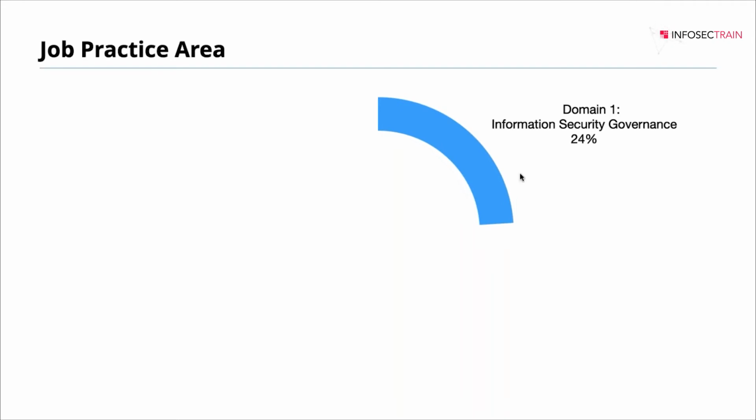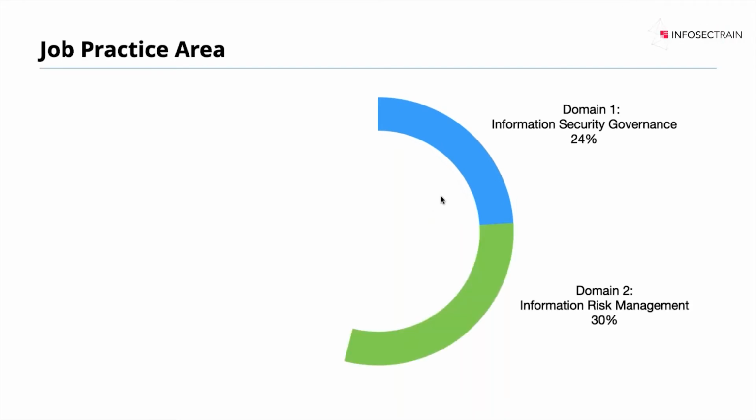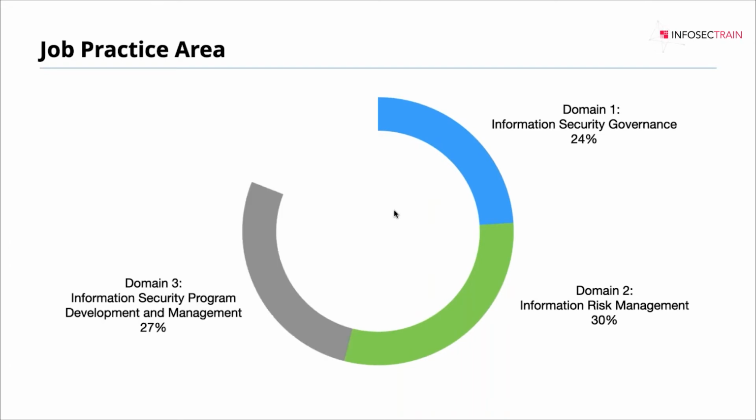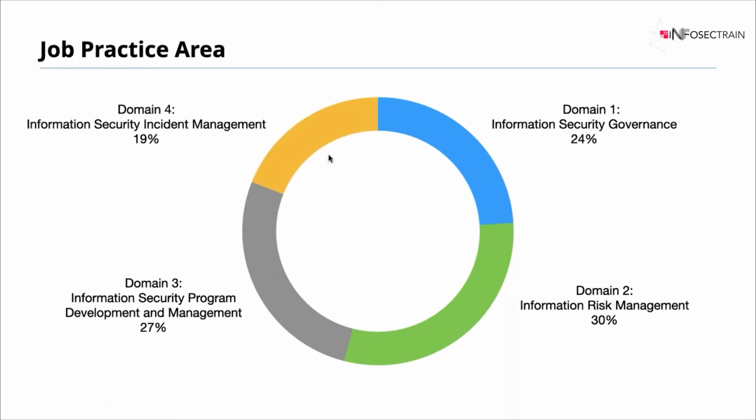Domain 1 is information security governance. Domain 2 is information risk management, 30%. Domain 3 is information security program development and management, 27%. Domain 4 is information security incident management, about 19%.